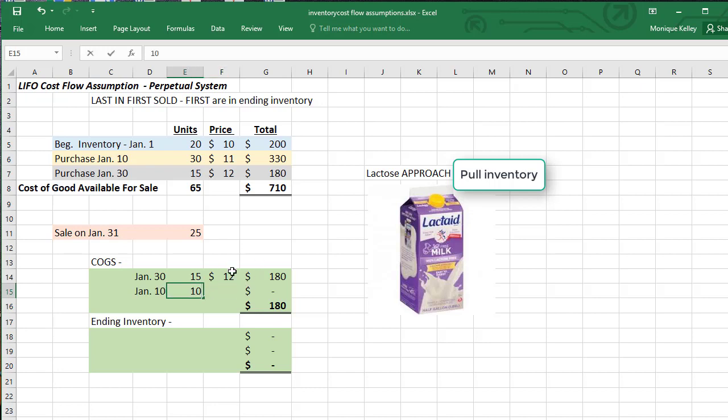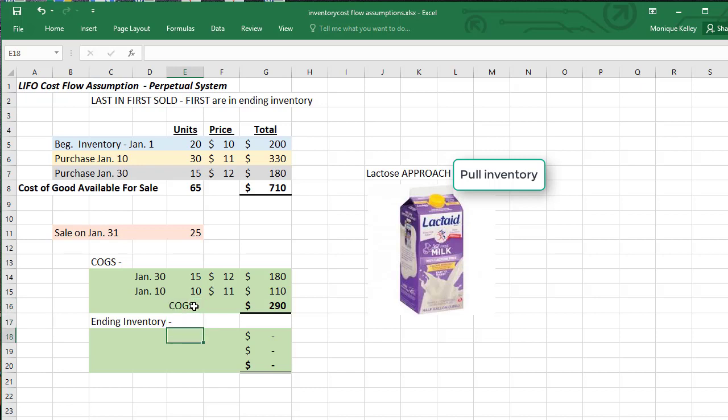So 15 plus 10 is 25. And the January 10th purchase price was 11. And again, these are exactly the same, the only difference is the price changed. So when we do our multiplication, 10 times 11, we get 110 added to the 180. The 290 will represent our cost of goods sold under the LIFO method.